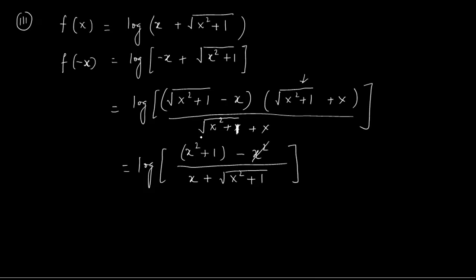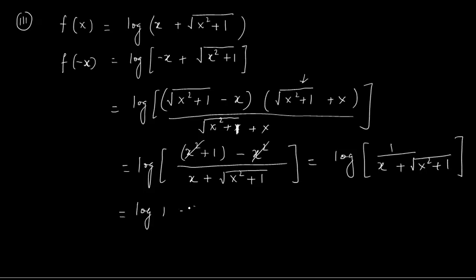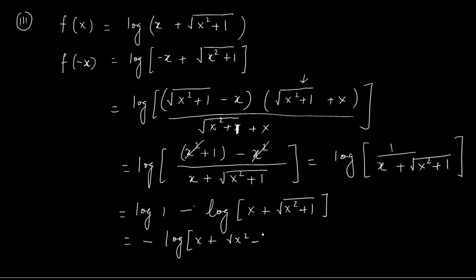Now this x square gets cancelled and we have log of 1 over (x plus square root of x square plus 1). We know log of a upon b is log a minus log b. So we can write log 1, which is nothing but 0, minus log of (x plus square root of x square plus 1).